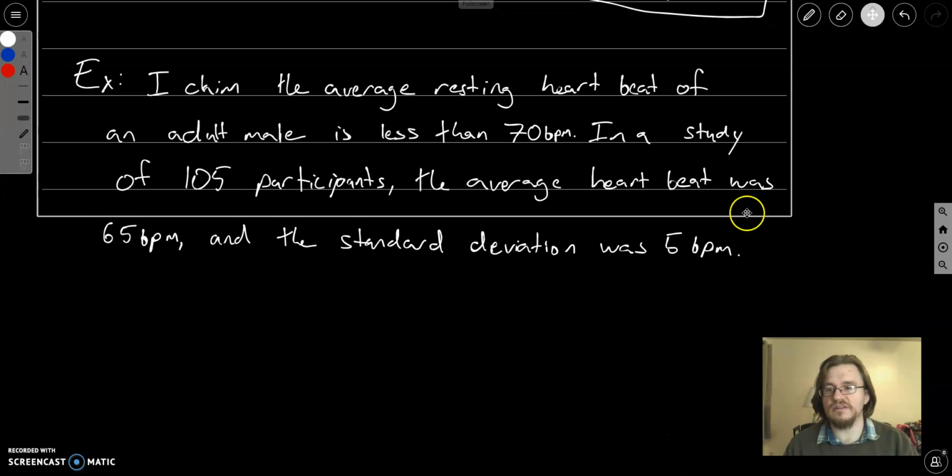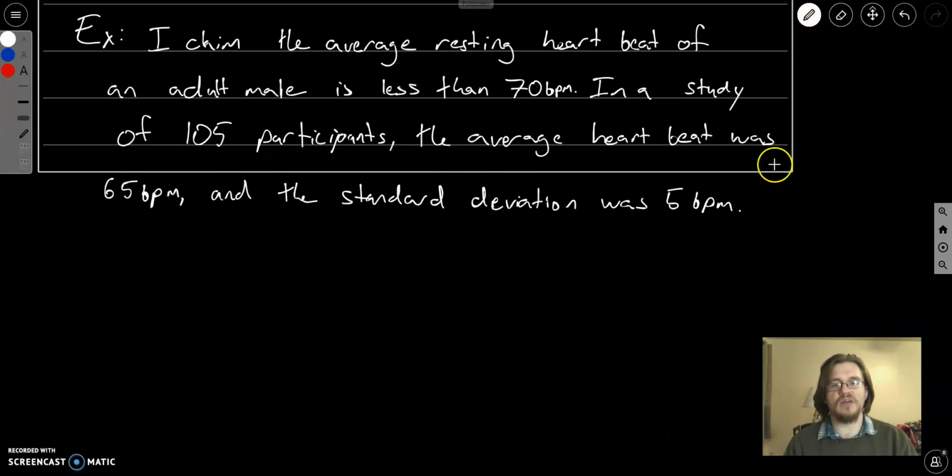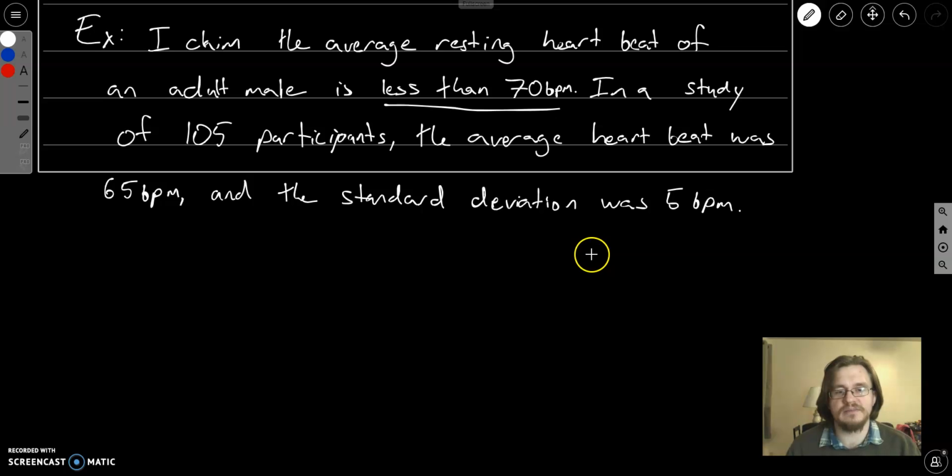What I'll do to finish up the time, I will look at just a quick example, and I'll go through exactly what we would do to sort of state our hypotheses and reject claims or fail to reject claims. So I claim the average resting heartbeat of an adult male is less than 70 beats per minute.